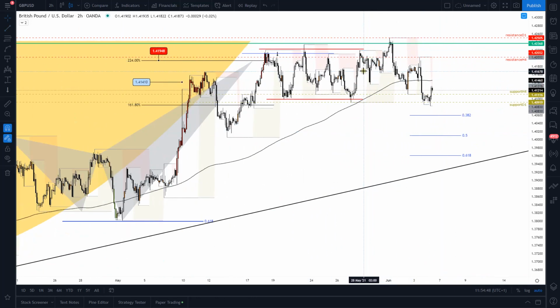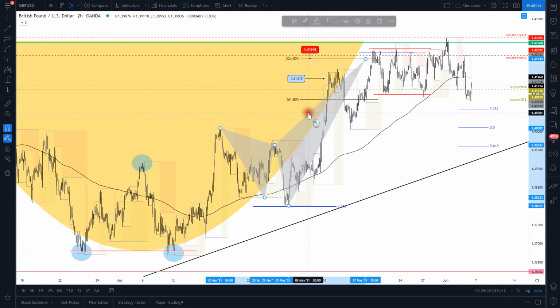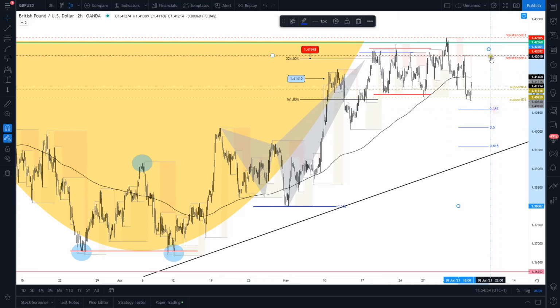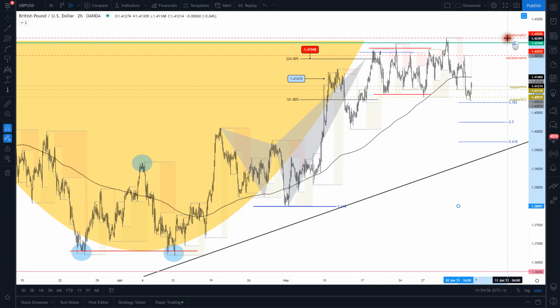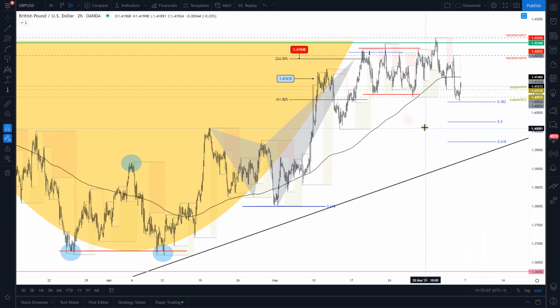Taking into consideration this bearish shark pattern, we can expect the cable to trade at least to a 50% Fibonacci retracement. Note that the price has already found recent support right above the 38% fib. So I will not be surprised to see the cable reacting without breaking the most recent lows, reacting here and trying to push even higher.